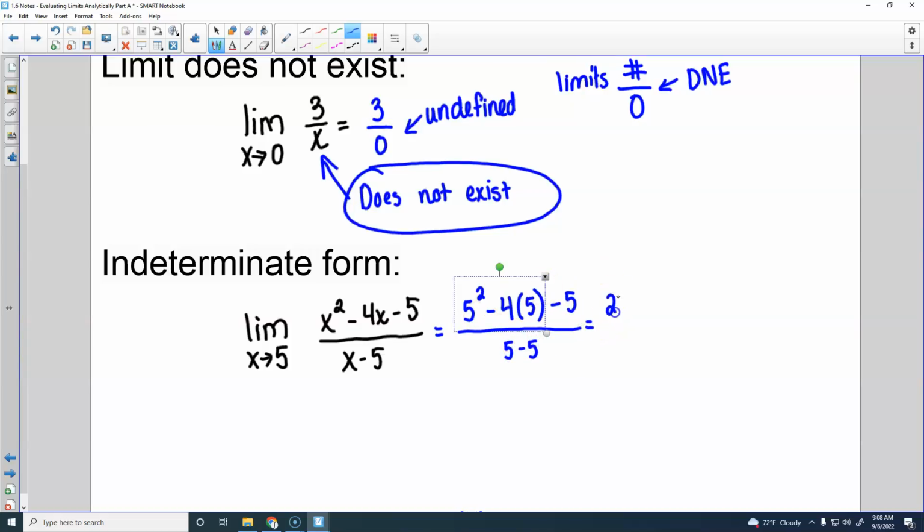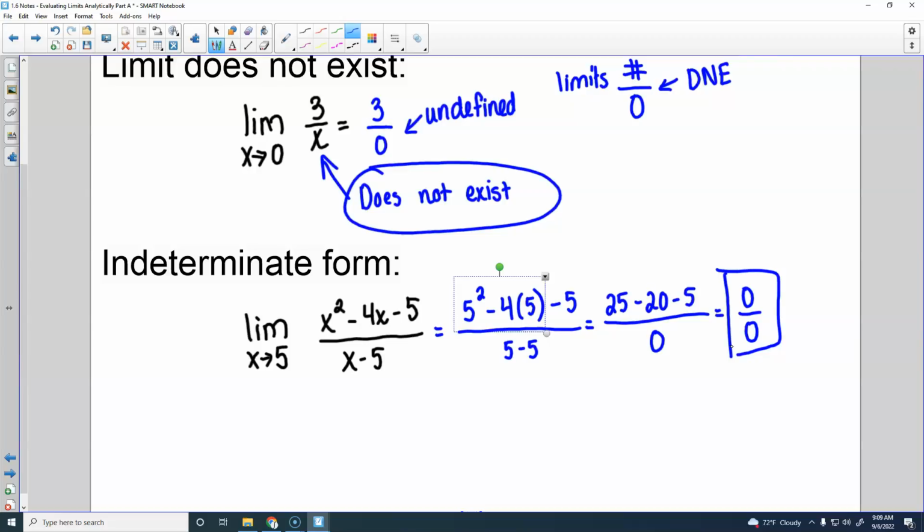And that gives us 25 minus 20 minus 5 over 0, and that gives us 0 over 0.